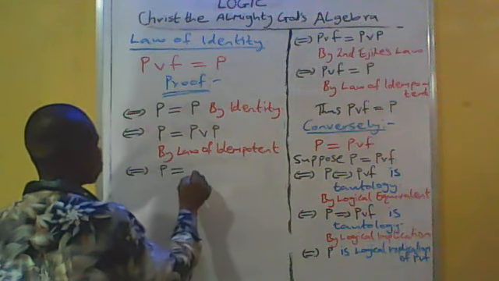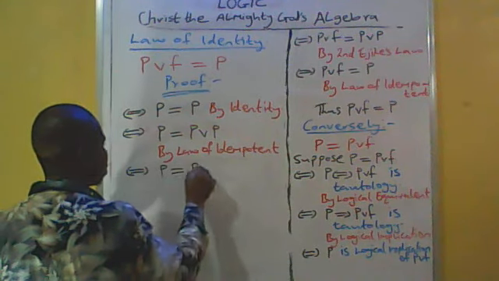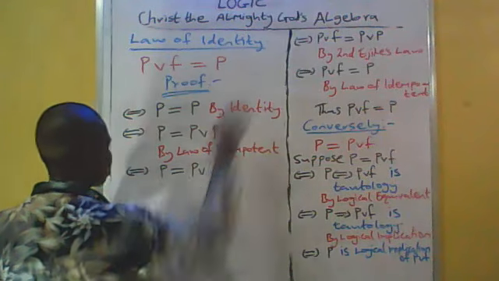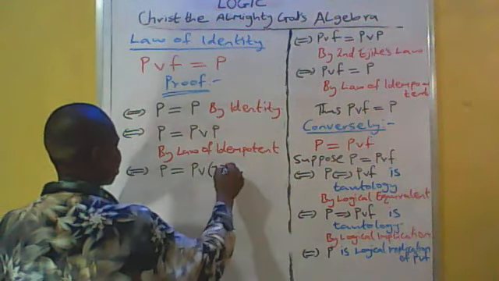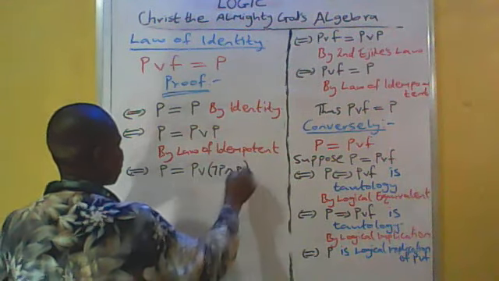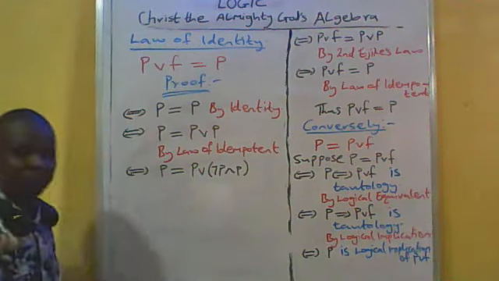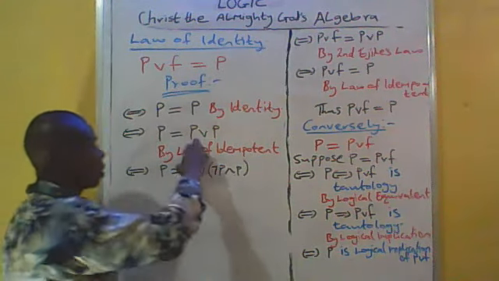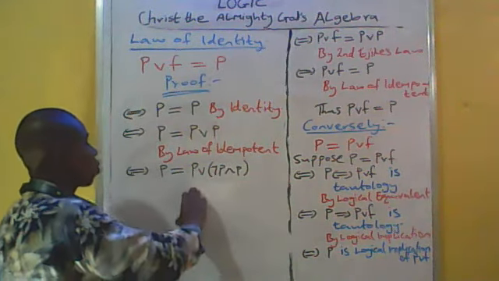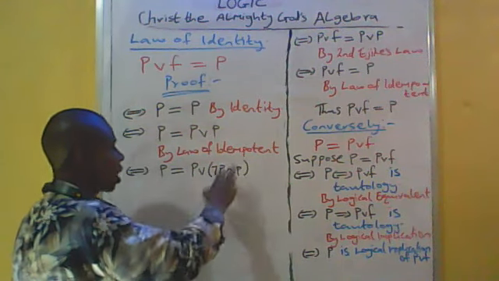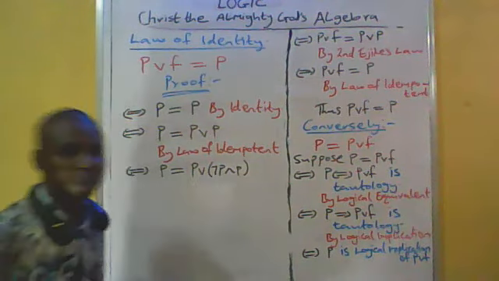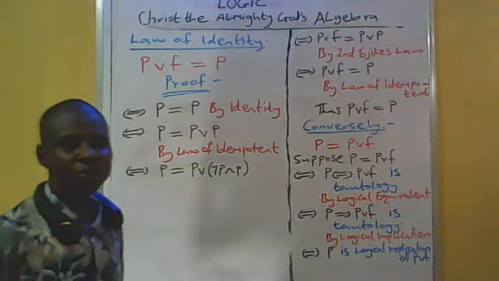If and only if P is equal to P or bracket not P and P. So this P or P is equal to P or bracket not P and P by second education law.